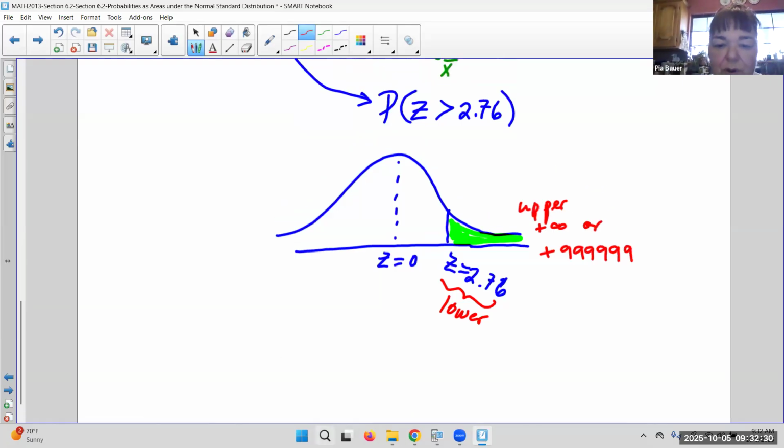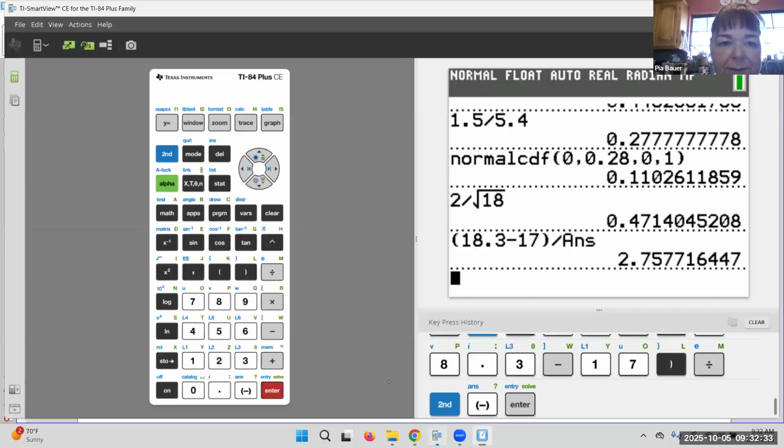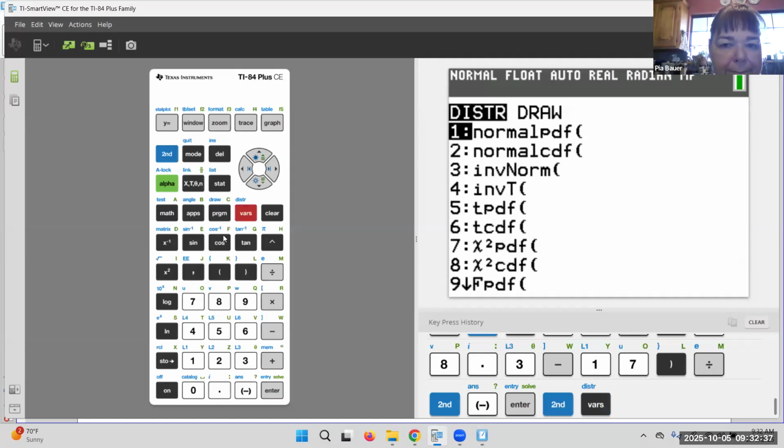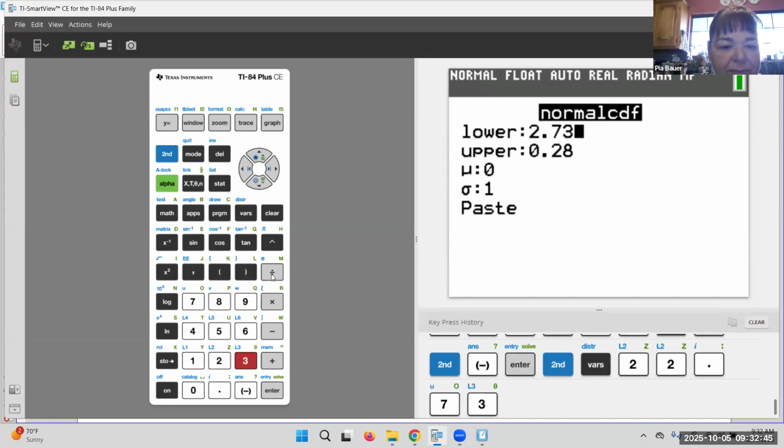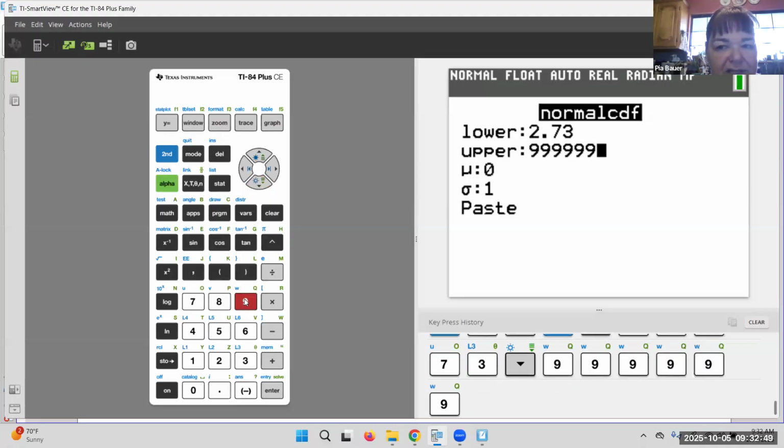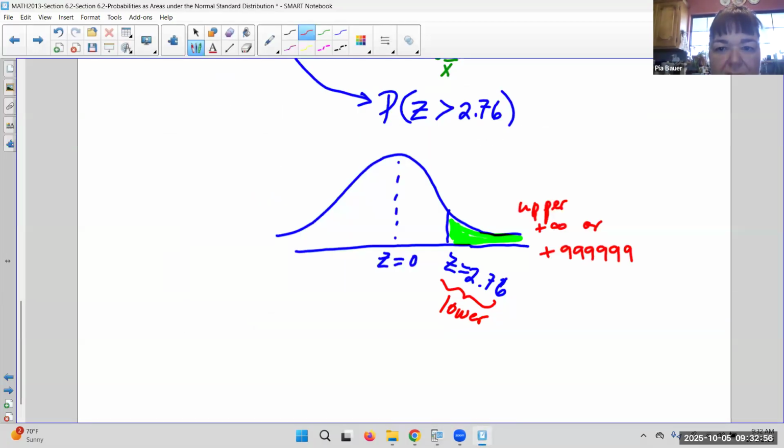So now I'm going to go to option 2 of the calculator. So that will give me 2.76. And my upper will be a positive infinity. So I put 6 or 7 nines or 5 nines. Just make it something really, really big.